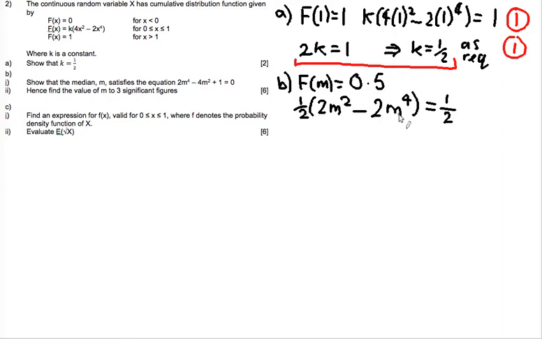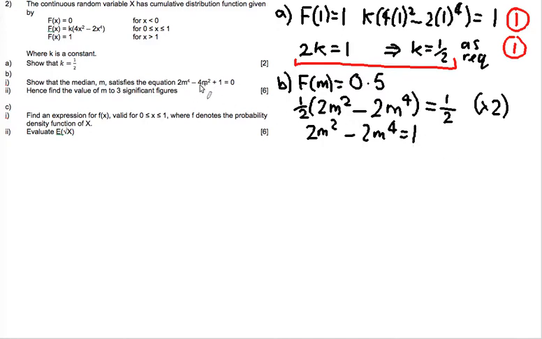Now, I don't really like these fractions. I want to get closer to this equation here. So what I'm going to do is multiply this whole equation by 2, then these halves will become 1s, and so what I get left with is 2m squared minus 2m to the power of 4 equals 1.